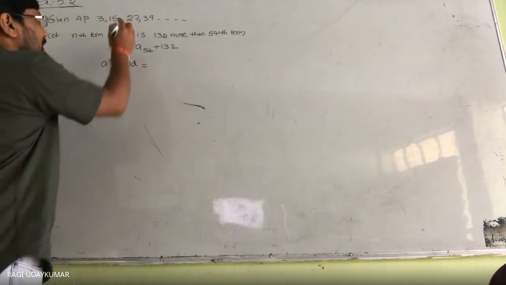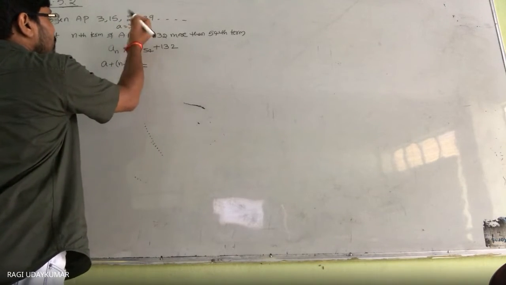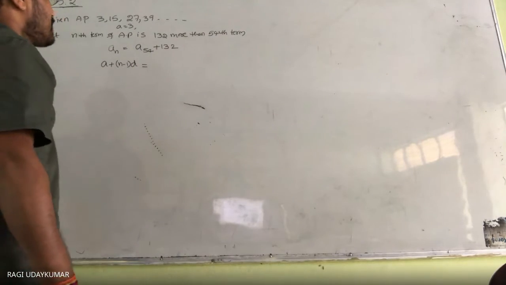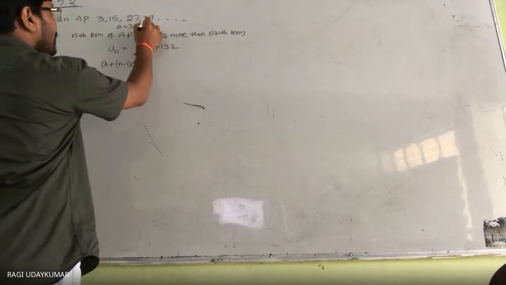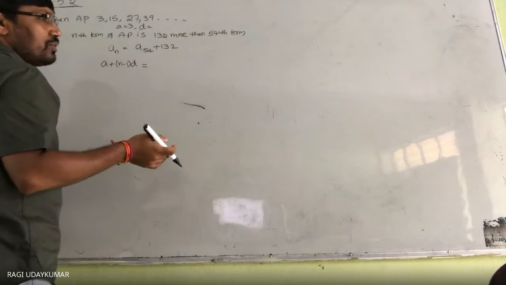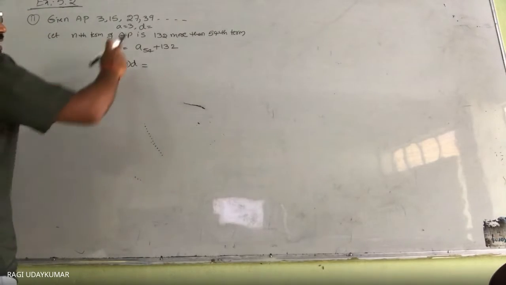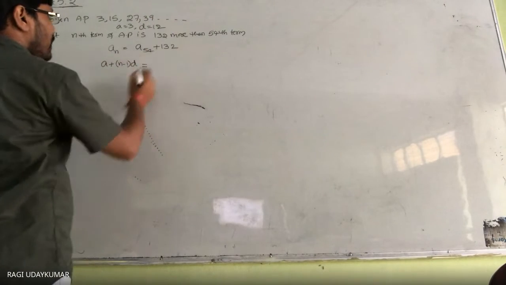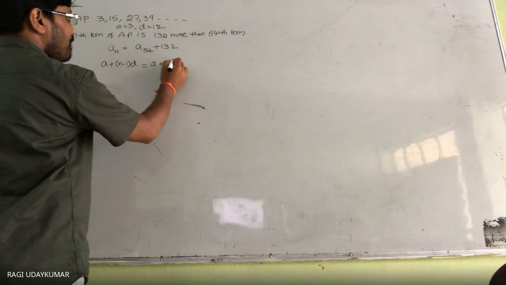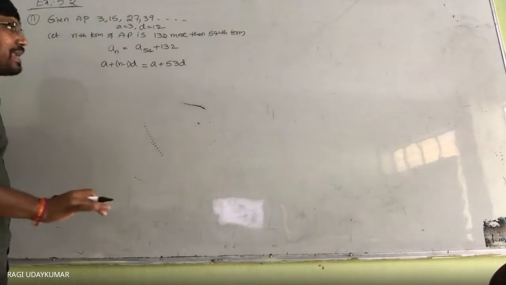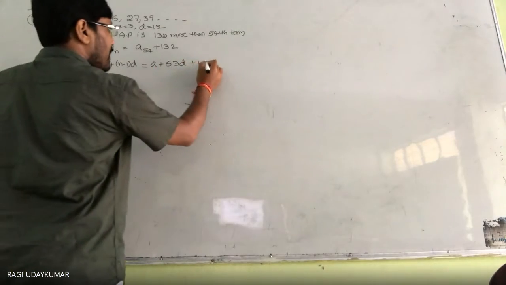Here it is given that a is equal to 3 and d is equal to 12. Whenever a and d are given, it is better to write down the values. And here we are going to get a plus 53d, plus 132.